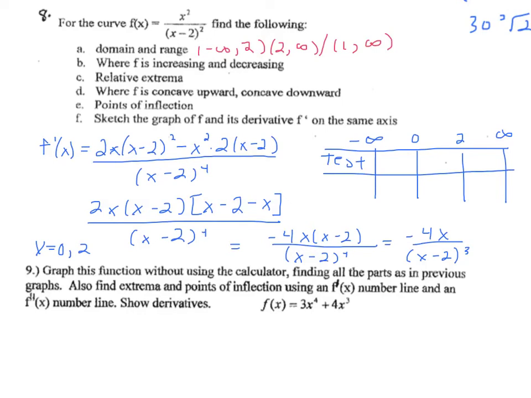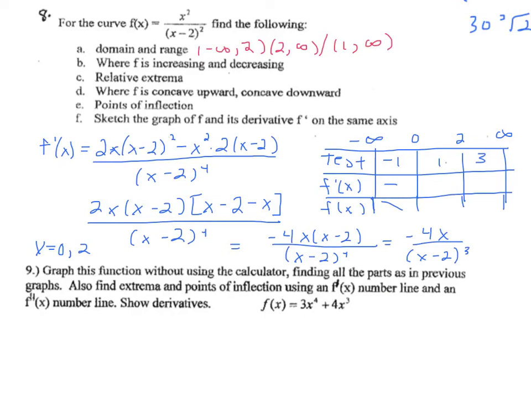So I'm going to plug in a negative 1, a positive 1, and a 3. If I plug in a negative 1, I'm going to have a positive number on the top and a negative number on the bottom. So it will be negative. My function will be decreasing.